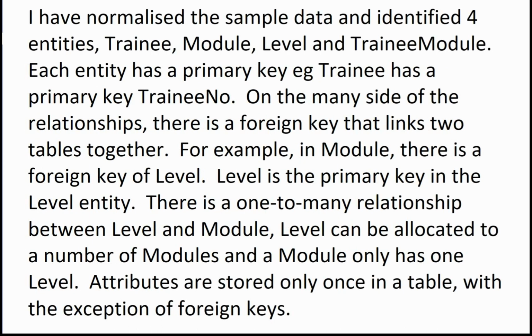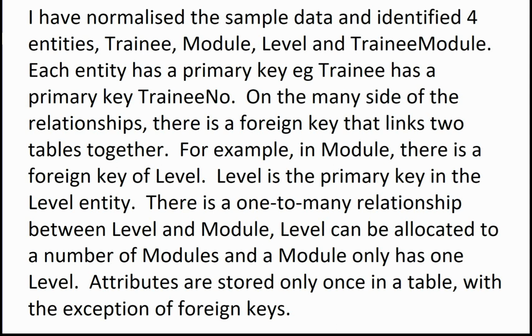And this is the third paragraph, evaluating how our structure minimises data duplication. I've normalised the sample data and identified 4 entities: trainee, module, level and trainee module. Each entity has a primary key. For example, trainee has a primary key of trainee no. On the many side of the relationships, there is a foreign key that links 2 tables together.